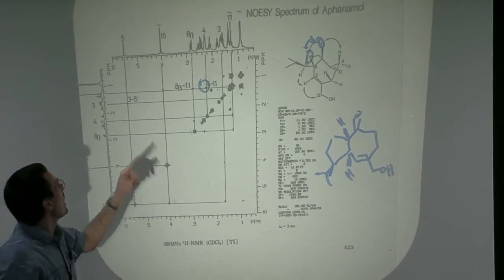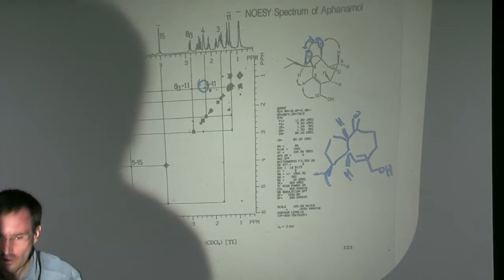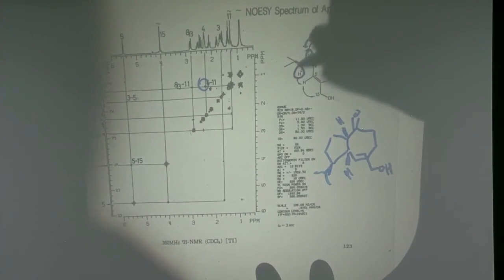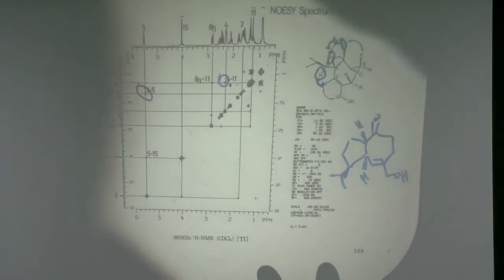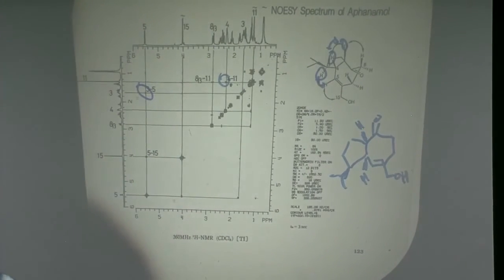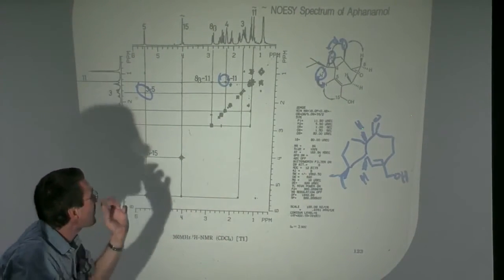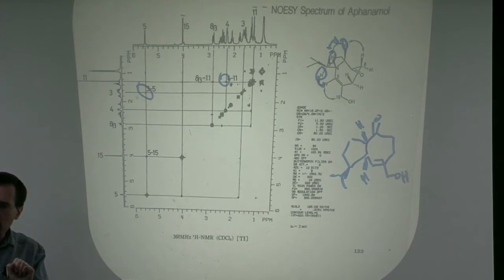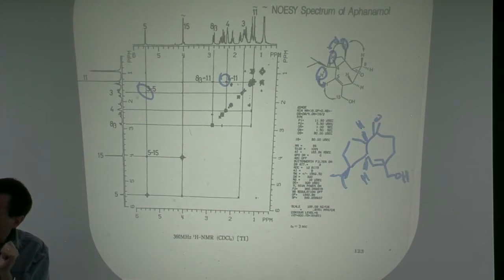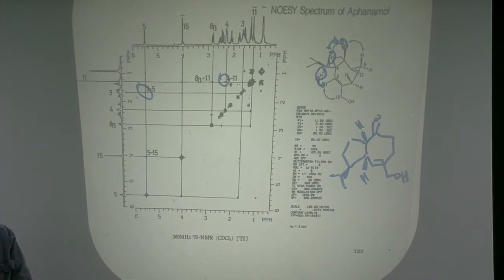So the hydrogen at the 3 position, for example, is cis to the alkene group, and they have an NOE, and we see that NOE over here. So you're starting to get pieces of the molecule sewn together on not only the stereochemistry, but also the conformation of the molecule, the shape of the molecule.